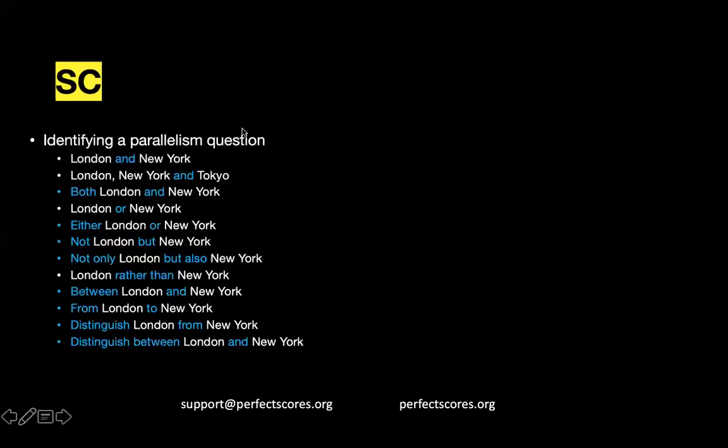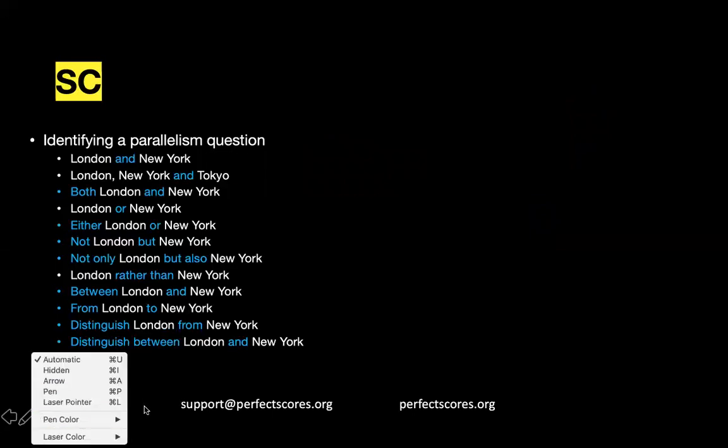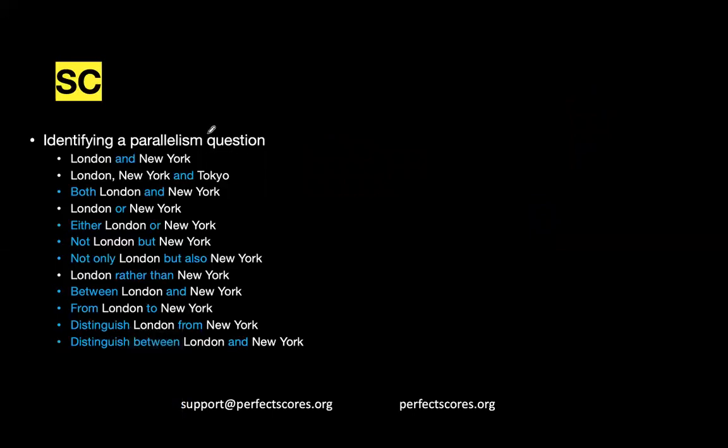So, how do you identify a parallelism question? All right, so usually the parallelism questions are not going to be as short as these phrases are showing you. In all of these examples, I'm taking examples of London and New York, which are names of two cities. So basically these are nouns.